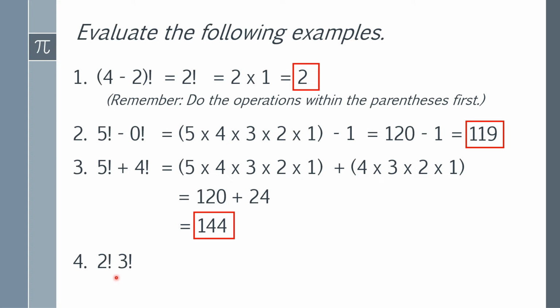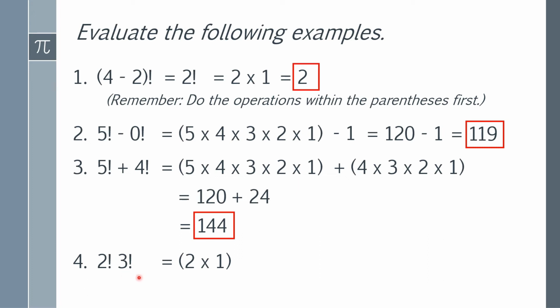For number 4, 2 factorial times 3 factorial. So we will have first 2 factorial, and that is 2 times 1. Next, we will have 3 factorial. Now, if you can observe, there is no addition or subtraction sign between 2 factorial and 3 factorial. If that is the case, that is considered to be multiplication.